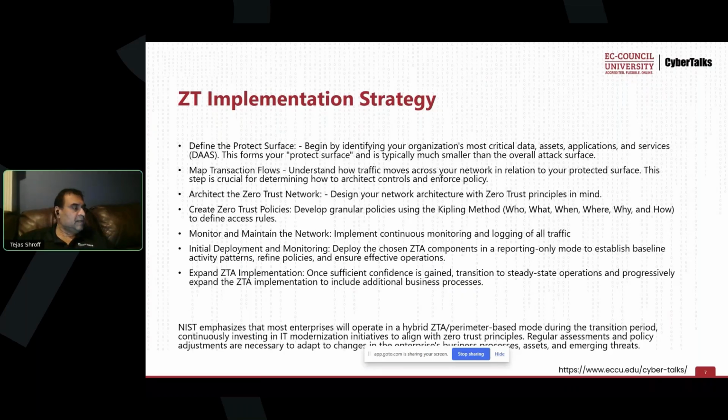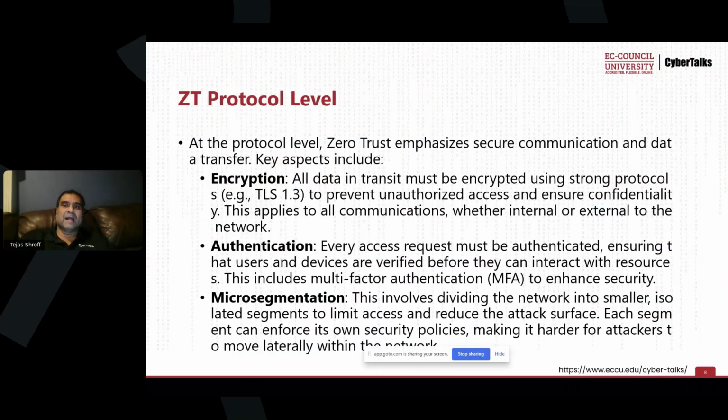So at the protocol level, right, zero trust emphasizes having secure communication and data transfer. Let's talk about encryption. All the data in transit needs to be encrypted using strong protocols.